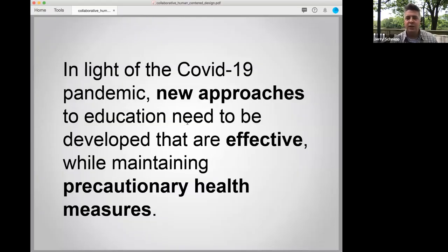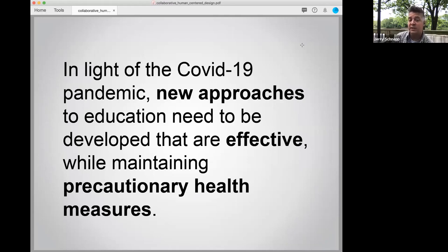So this is a general issue that everyone who's in education is facing. Everyone in general is facing a version of this, but in light of the pandemic, we need to come up with new approaches for education. And the challenge here is that they need to be effective approaches, but we need to maintain precautionary health measures.